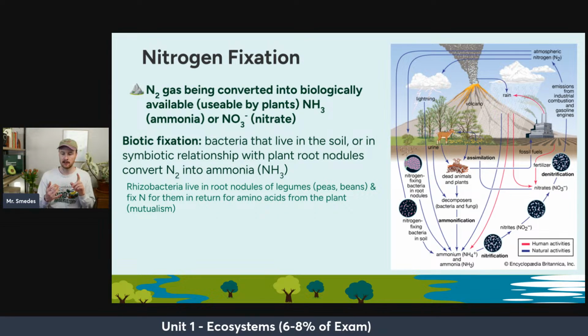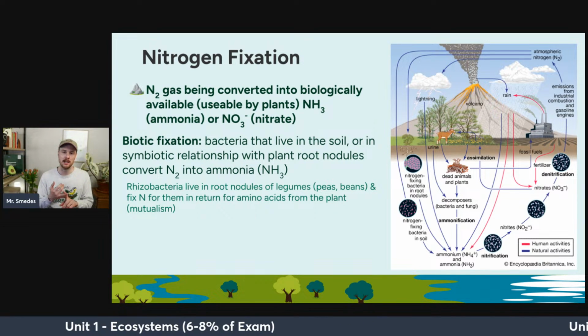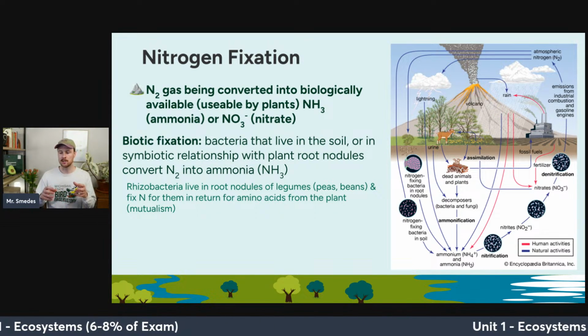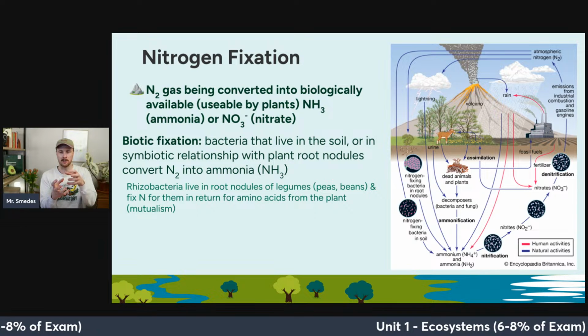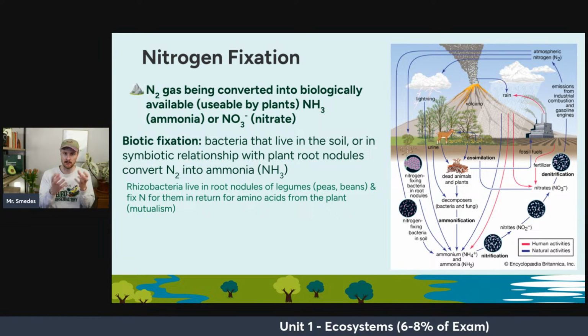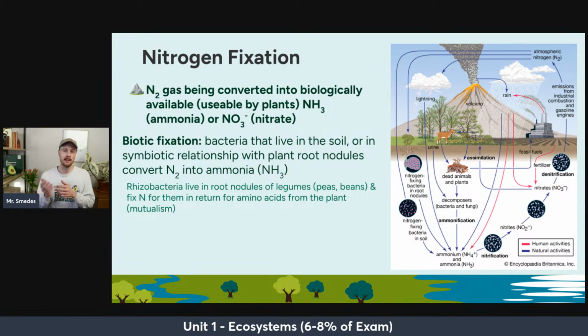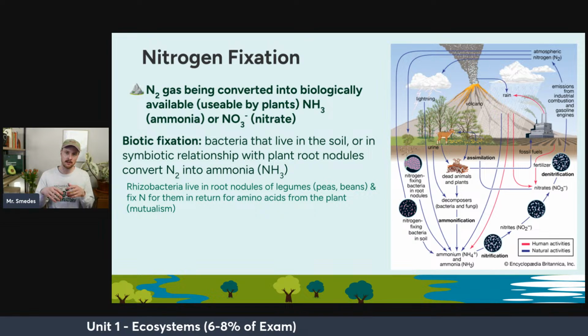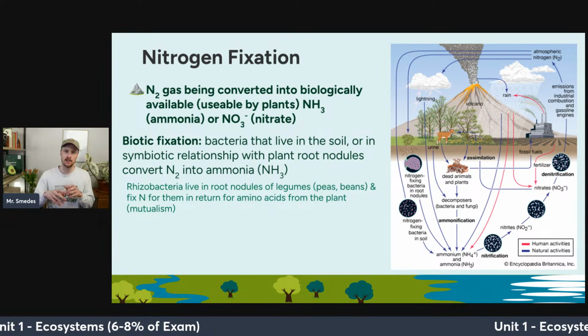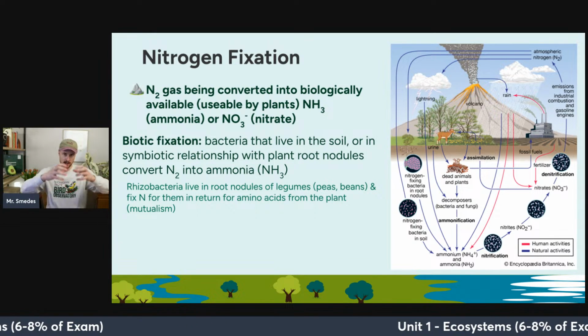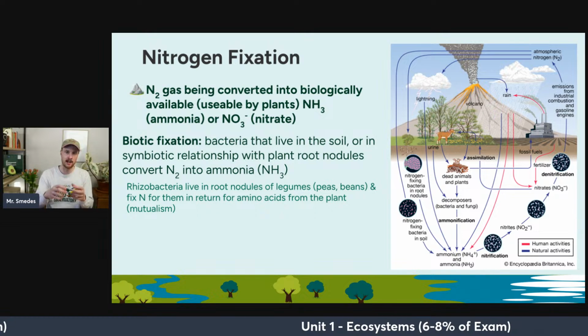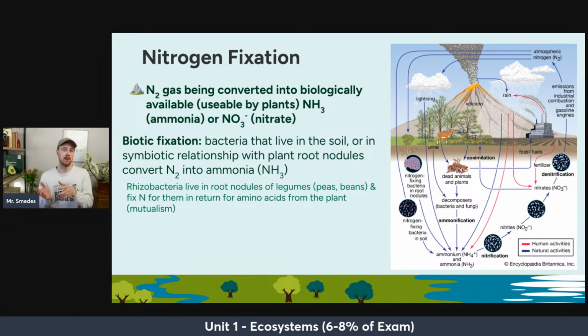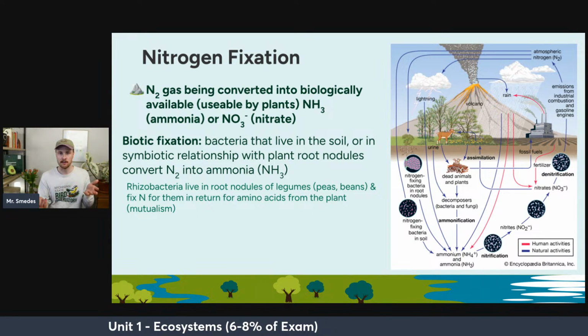So, think like peas and types of beans. They're going to house the bacteria. We call these rhizobacteria, rhizo for root. And they fix nitrogen through this enzyme that they have that can break apart the N2 triple bond and pair it with hydrogen to make ammonia. And then the plant gets nitrogen, which is a great deal for the plant.